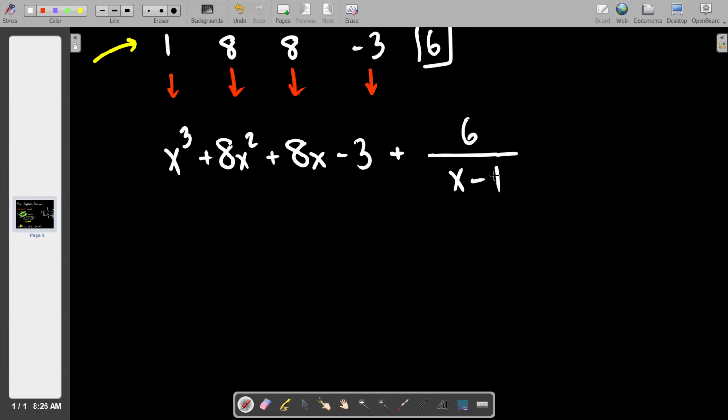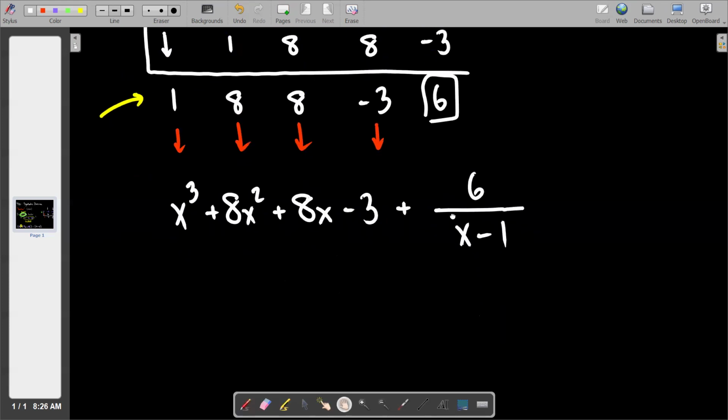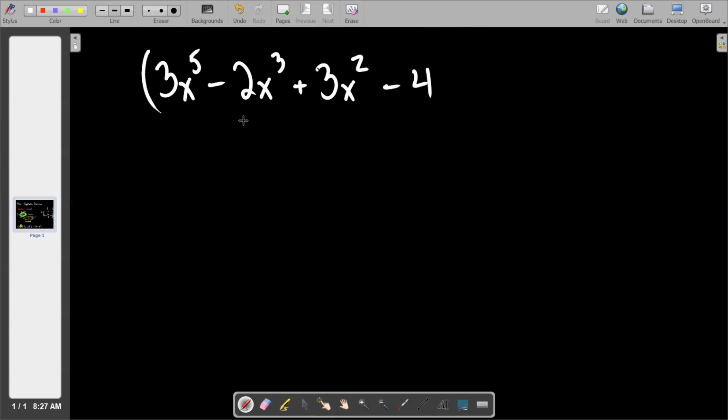Yes, sir. I don't understand how it is 0. Because there's a missing term. Would you like to practice the 0 one more time? Let's practice the 0 one more time. I'll just make one up. How's that sound? Is that okay with you? Let's do this. Let's do 3x to the 5th minus 2x to the 3rd plus 3x squared minus 4.